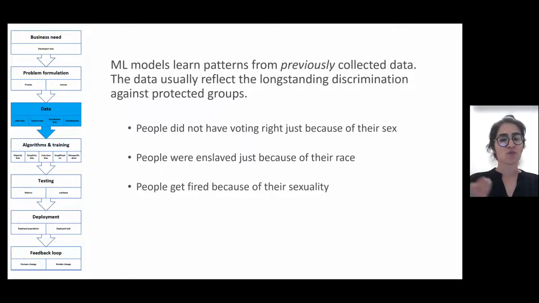I don't think that I need to go through all the discrimination that's previously applied to protected groups, but just to give you some examples, for a long time, people could not vote just because of their sex, or people were enslaved just because of their race, or people get fired just because of their sexuality. These biases in the data show some patterns, and machine learning is going to learn these patterns. We are going to look at four different biases: label bias, feature bias, distribution bias, and sampling bias.